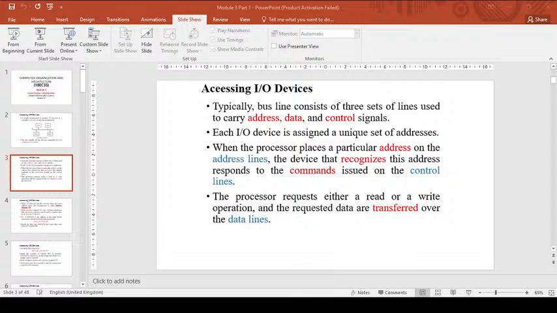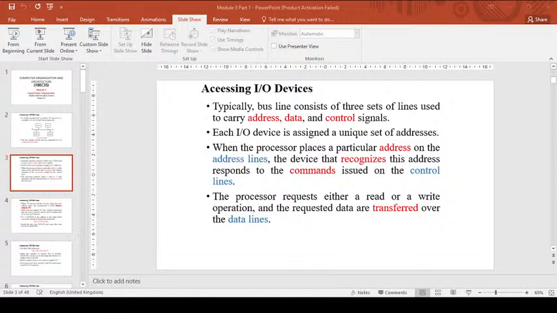If the processor is writing into memory, it is the memory write operation. Data transfer from the memory to the processor is a read operation, and data transfer from the processor to the memory is a write operation. The processor not only reads or writes into the memory, the processor also reads and writes into IO devices, input output devices, right?